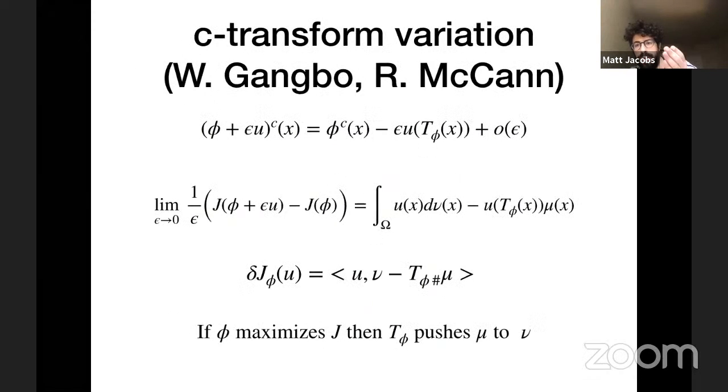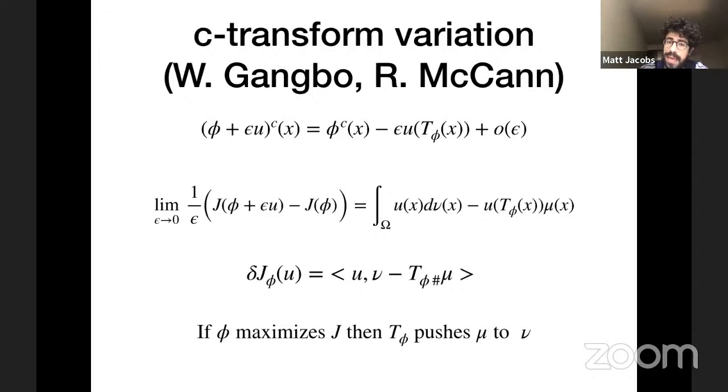Okay, so we see that these maps are computable. And this is important because this is actually how you compute variations of the C transform. So you want to ask, if I perturb my phi by some other function and I take the C transform, how do things change? And it turns out that what you end up with is your perturbing function evaluated at this map.